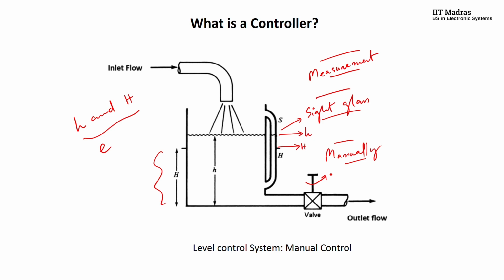In case we want to do that, then this comparison which we have to make between small h and capital H has to be done in a certain hardware. That hardware is called the controller.